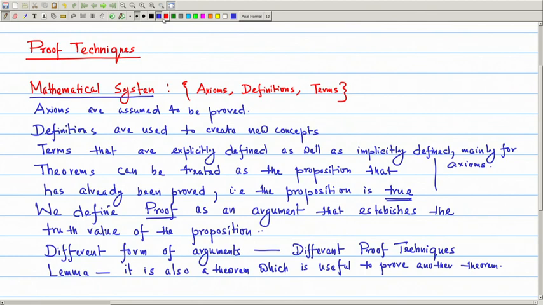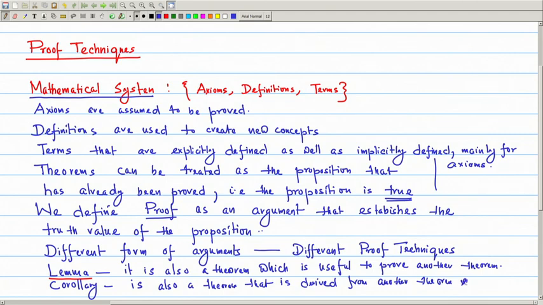And we can tell corollary. Corollary is another theorem, it is also a theorem that is derived from another theorem very easily.